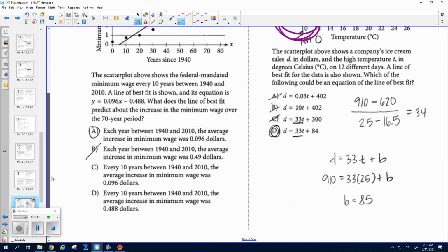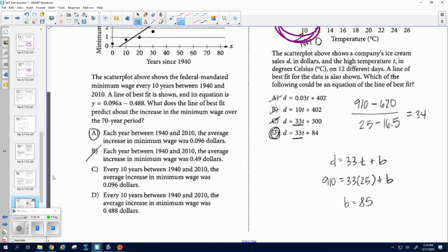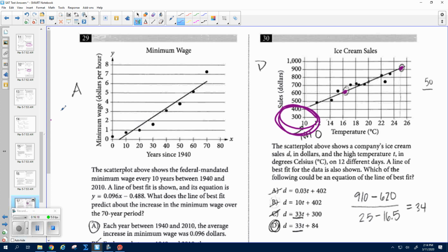This is just like finding the equation of the line given 2 points that you've been doing since Algebra 1, or maybe you've forgotten since Algebra 1, all right? Be really careful, though, on that one. I'm guessing they might trick you like that.